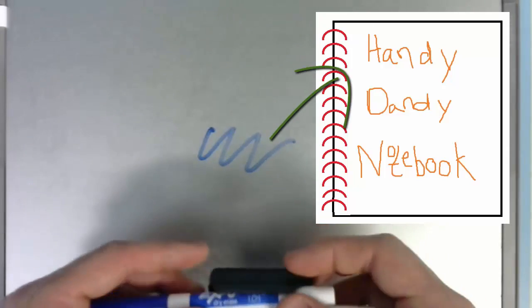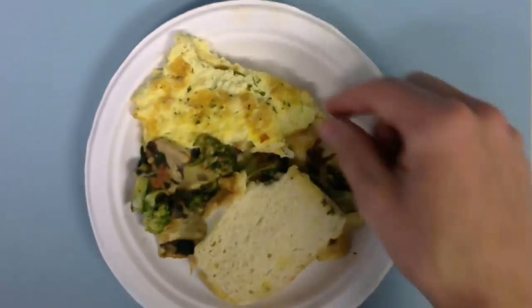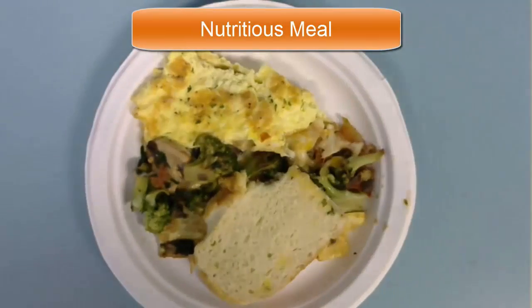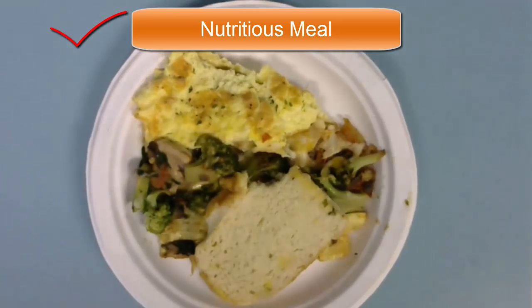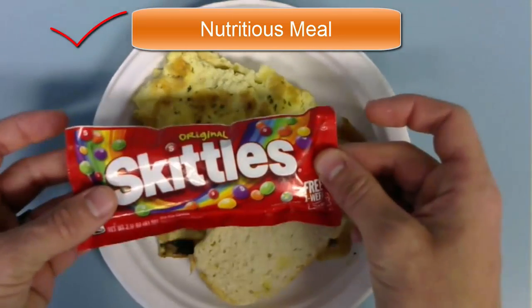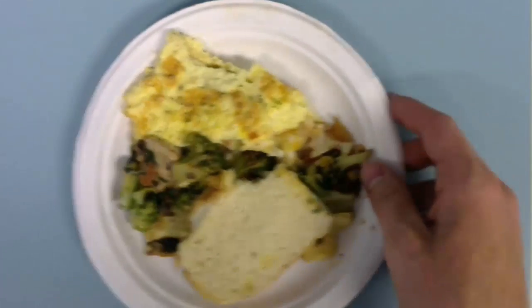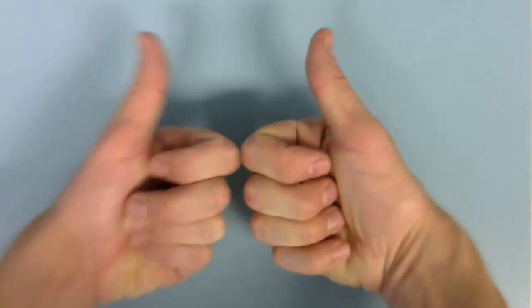Anything I write on this whiteboard might be a good idea to write in your handy-dandy notebook. Lastly, I recommend eating a nutritious meal before getting started. That way, you won't eat all your Skittles before you have to use them. All right, if you have all those things, let's get started.